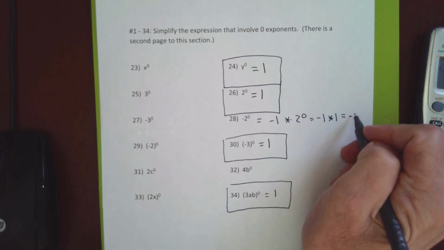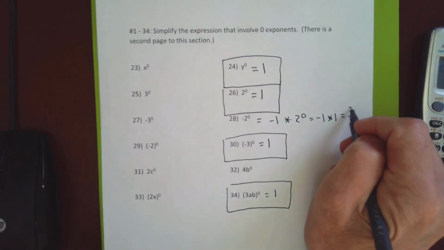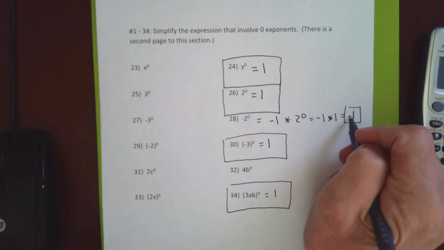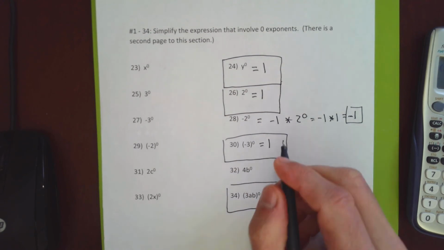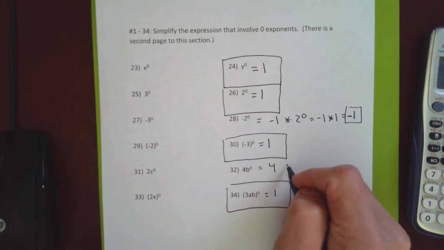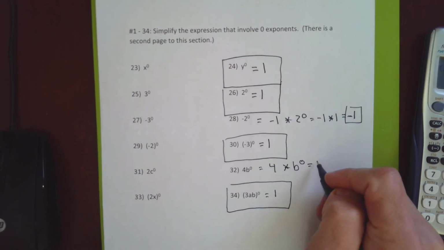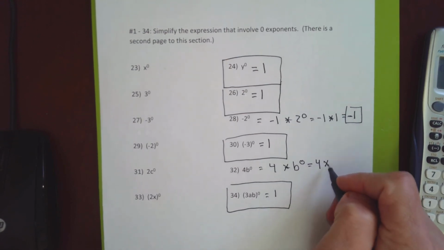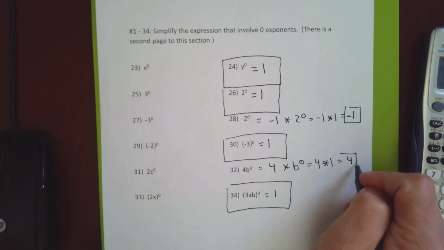The answer to 28 should be negative 1. I don't know how well that's showing up, but that's a negative 1. And in question 32, I have to think of this as 4 times b to the 0 power. The b to the 0 power is equal to 1. So this is 4 times 1, and that's equal to 4.